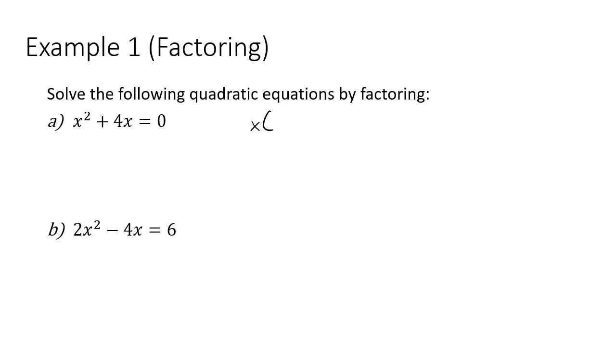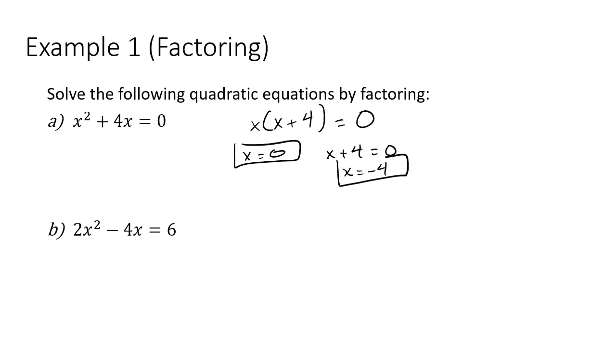So if I factor an x out of both, that just leaves me with 1x left over in the first term, and a 4 left over in the second term. So this is x times x plus 4 is equal to 0. Now we just set each equal to 0 and solve. So we get x is equal to 0, or subtract 4 from both sides, x is equal to -4.